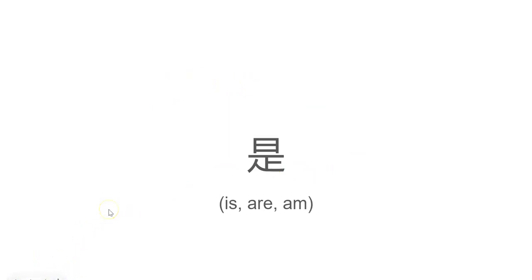Okay, and how to say you are? Think first. The word for you is 你 and how to say are, 是, so it's 你是. So let's say if that person's name is Leo, you will say 你是 Leo. And if that person's name is Aiden, you will say 你是 Aiden.